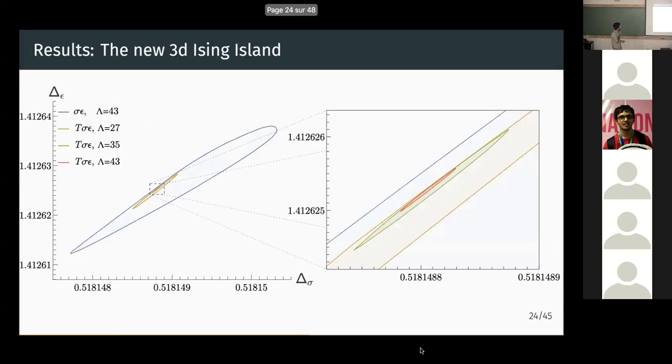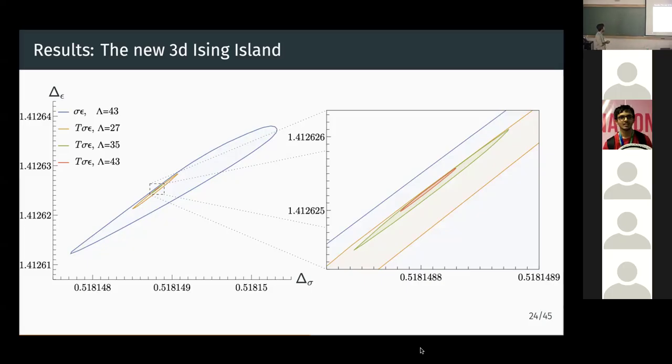So now onto the results. You might ask, will all this work, and is putting a stress tensor into it worth it in any way? It turns out that yes, it is. This blue circle here is the old island that I showed you that was super tiny, a world record from several years ago.